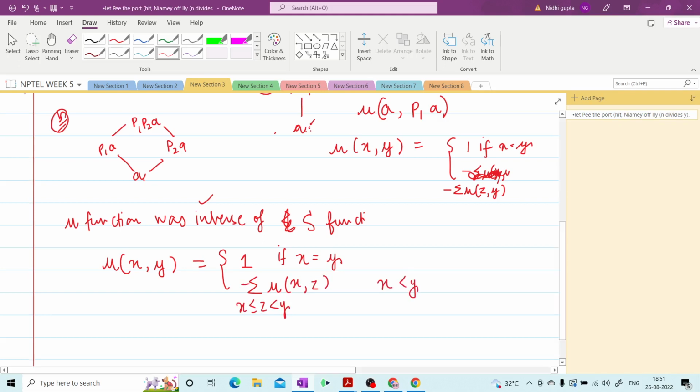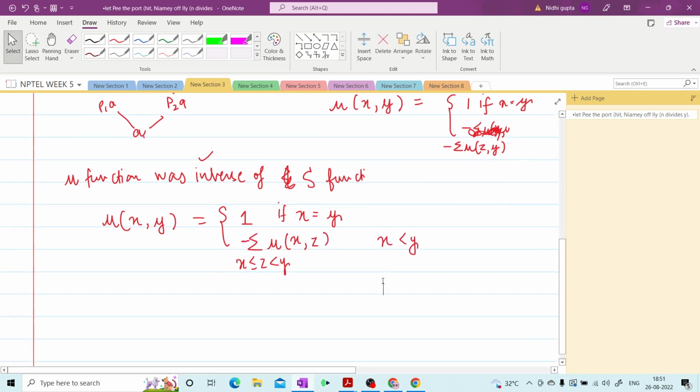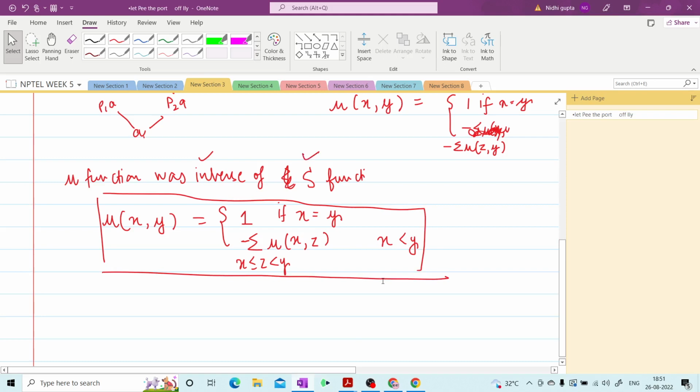This was the formula, right? If we assume this formula for now, we can derive it if we compute the inverse of our zeta function explicitly.